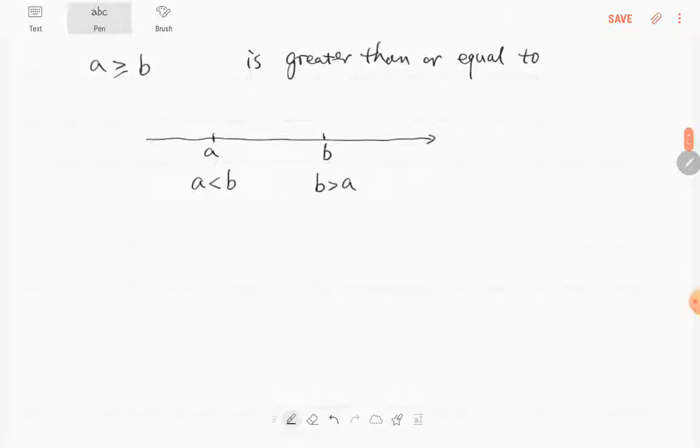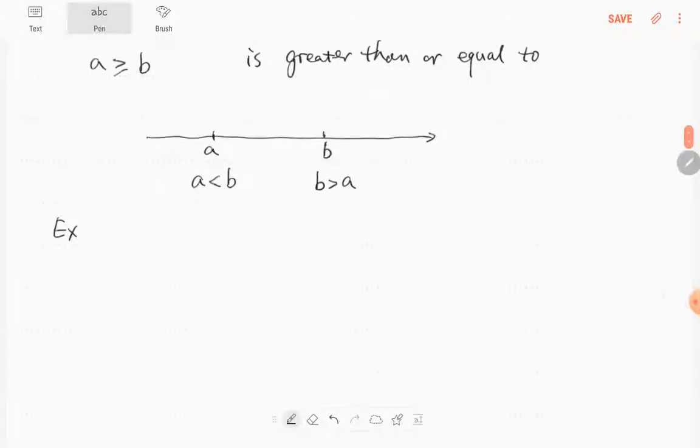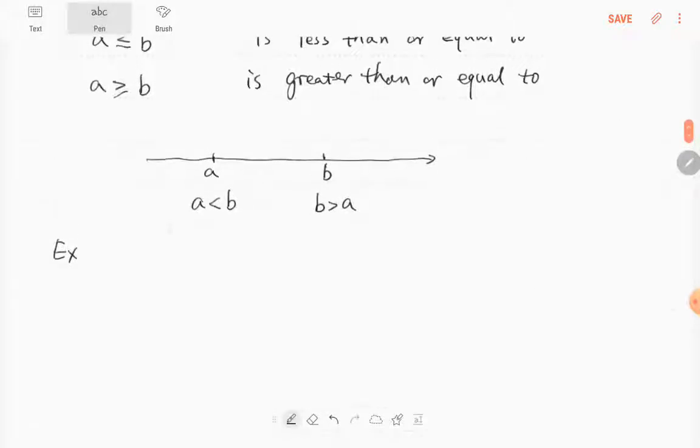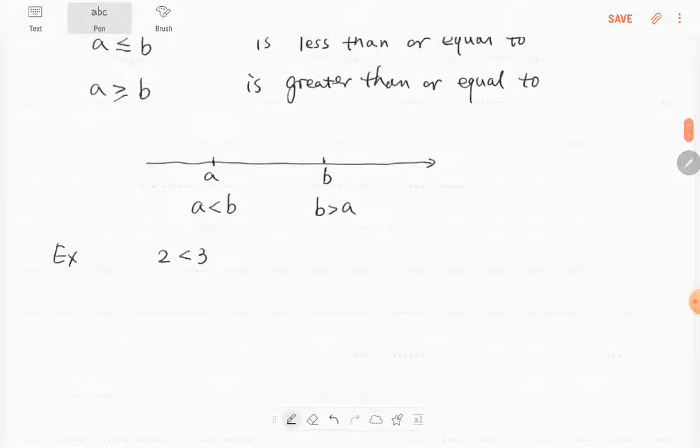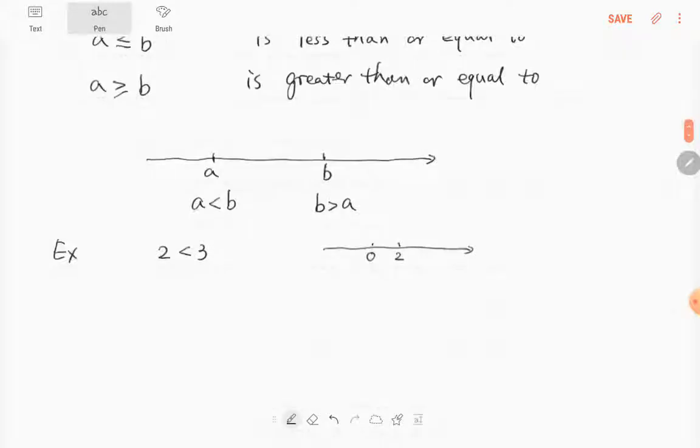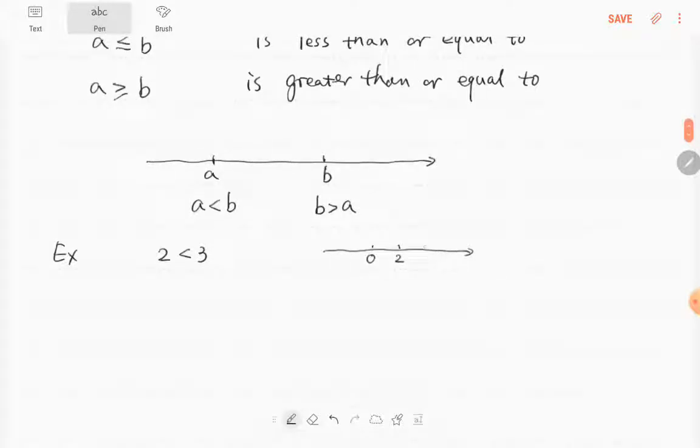So we can check some examples. This example is just to say true or false. First, is 2 less than 3 true? Since if we put 2 and 3 on the number line, we will have something like this. 2 is here and 3 right here.